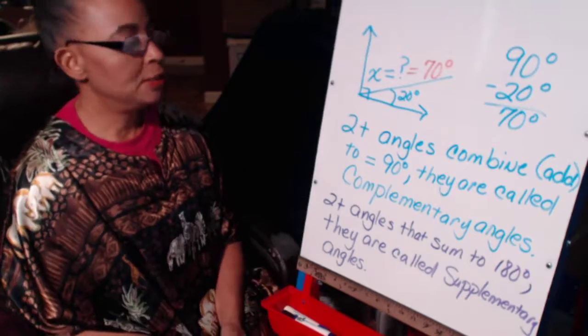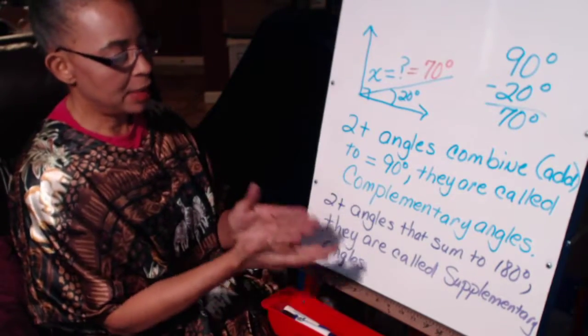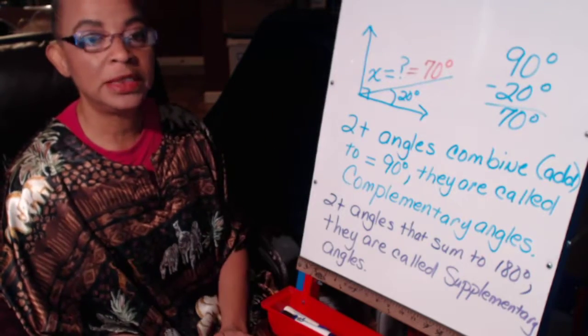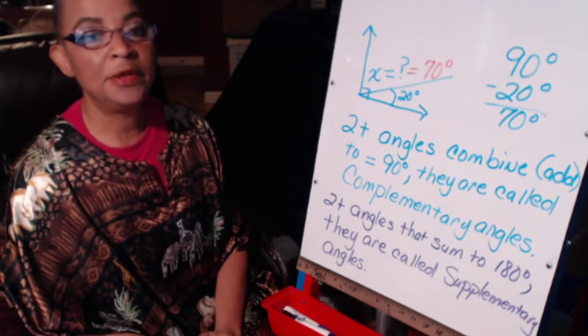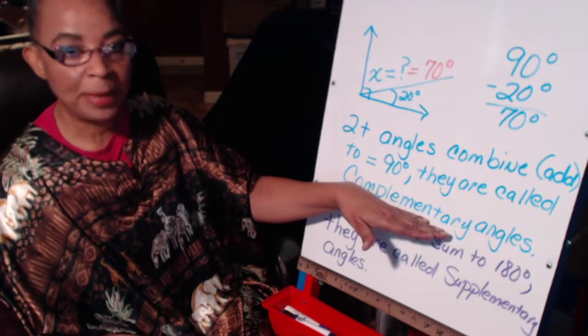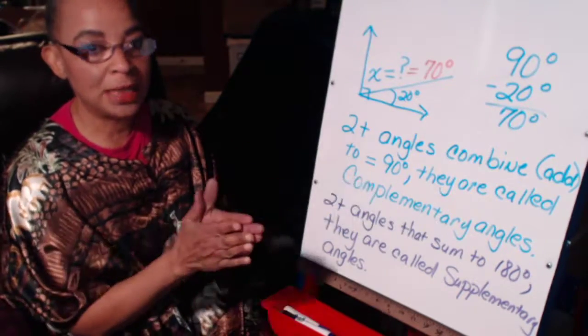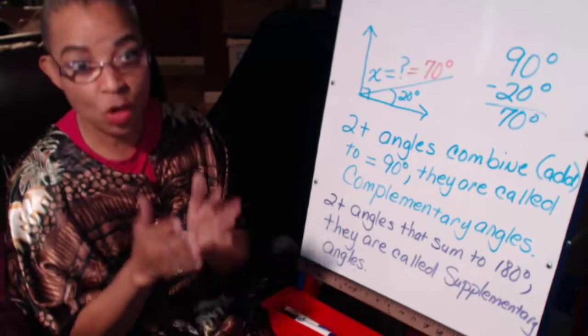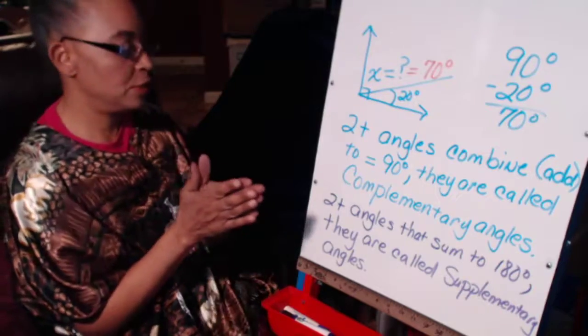So ladies and gentlemen, that's our complementary and our supplementary angle. Remember, the first thing you want to check is, is this a 90-degree angle? If it is, then we're looking for its complement, the other angle that will sum or add to make both of them, or the three or four, equal 90 degrees.